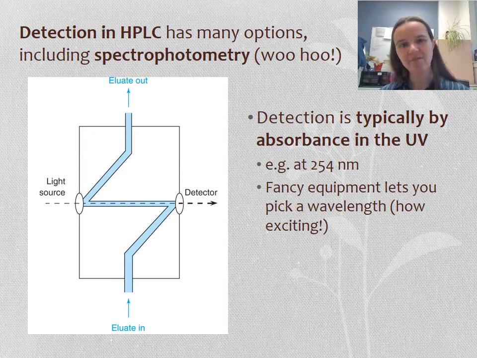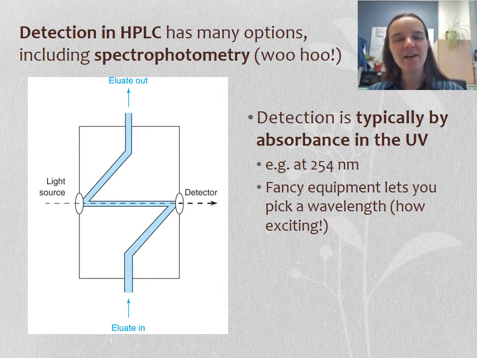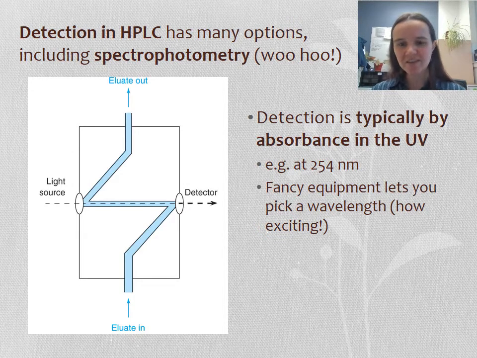For detection in HPLC, you have a lot of options. One of those is spectrophotometry, which we love so much because it's super useful. Usually you're looking at absorbance in the UV, but you can pick a wavelength, so you can have a whole spectrometer as your detector, and you might wonder about the cuvette, because you have liquid stuff flowing off a column. How are we going to get this into a cuvette and do it in real time rapidly enough?